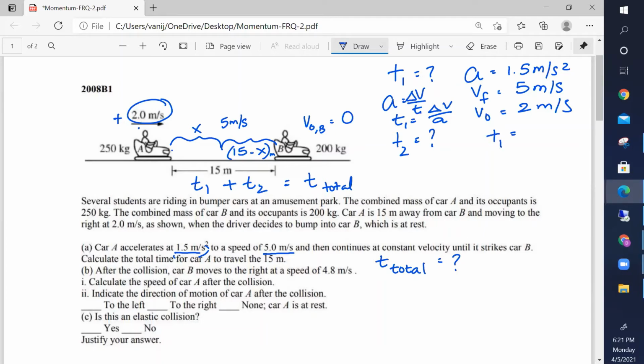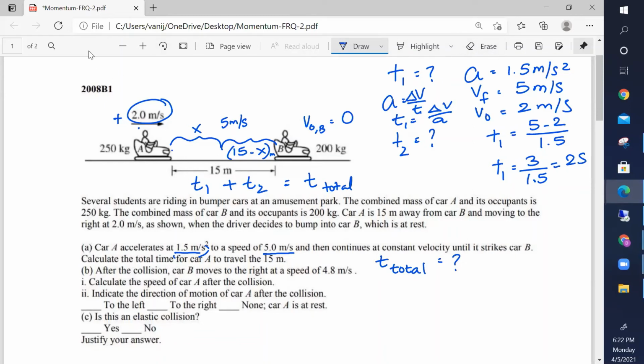So T1 is change in velocity, that's 5 minus 2, divided by 1.5 meters per second squared, which is my acceleration. Then T1 is 3 divided by 1.5, and that's equal to 2 seconds. Now I can go ahead and find T2.